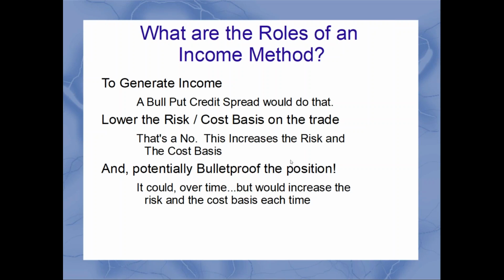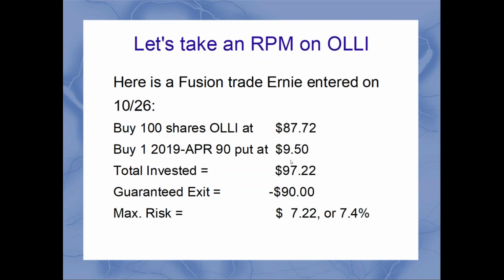All right, well, let's look at an example. One of the most recent trades entered in the Fusion account at RadioActive Trading for Fusion subscribers. Ernie opened on 10/26. Fusion subscribers can follow Ernie's trades and my trades. So just about 4 days ago, Ernie bought 100 shares of Ollie's Bargain Outlets at 87.72.